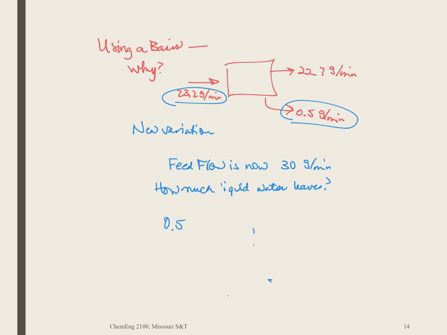So I take my old answer, and I multiply it times a ratio where I take the old basis and the new basis, and this gives me a way to mathematically come up with a new answer of how much water will leave.